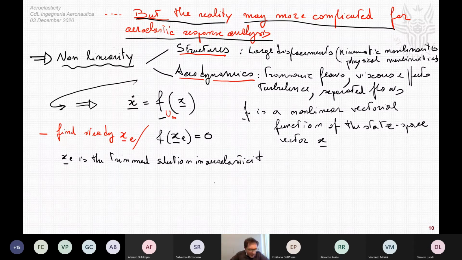And the second step is an expansion of your solution in the neighborhood of the equilibrium solution.